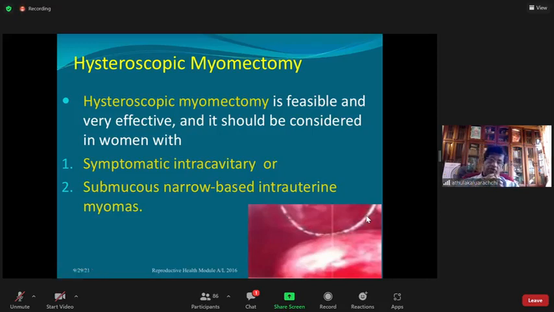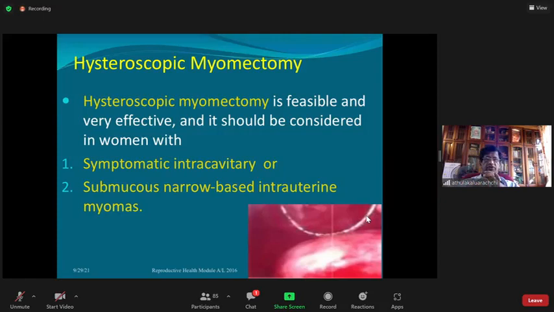Okay. Now, of course, there are new developments in the field, and there are new instruments available, although we don't have them at the moment, where you have a sort of rotating ball that you put through the hysteroscope to do a hysteroscopic myomectomy.